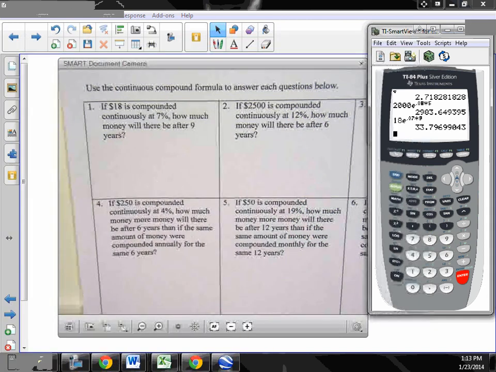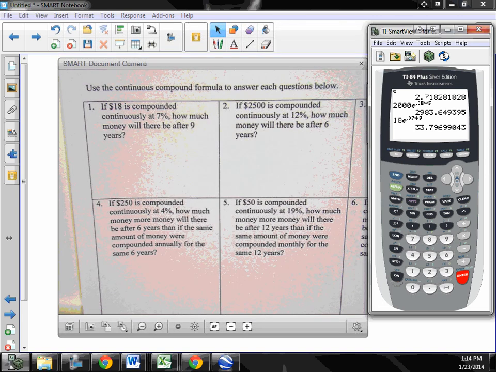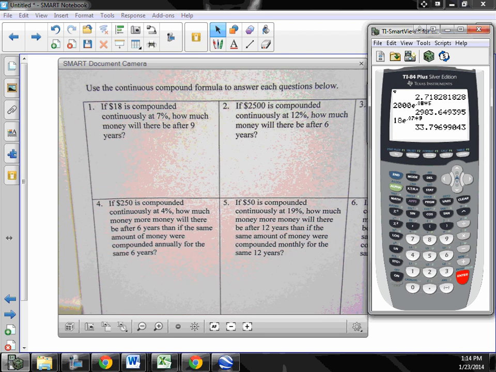That's if they paid every instant. Now, my bank calculates interest every day, but they don't pay the interest until 3 months have gone by. So mine's compounded quarterly. Yeah. Yep. Okay, number 4.